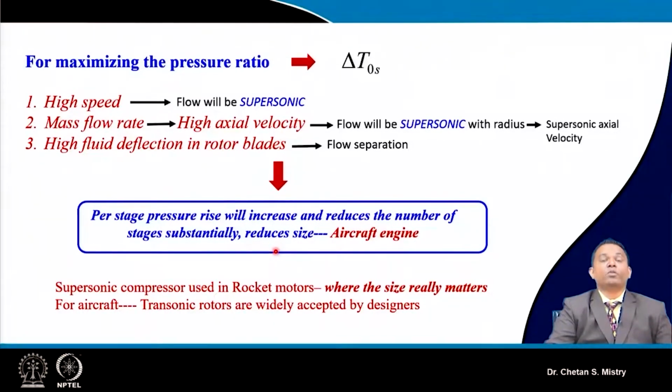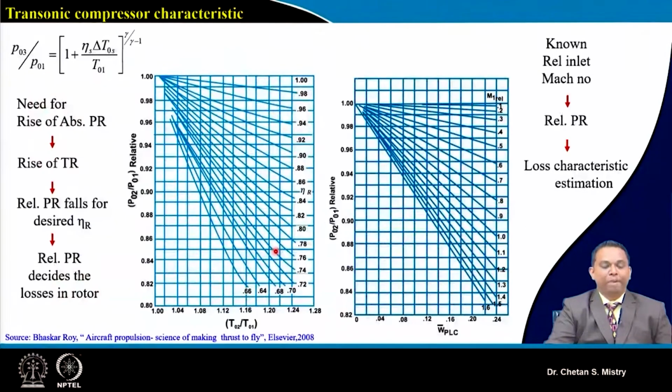But before going into the design concept, we need to understand the difference between subsonic and transonic compressors. Now let's see, this is a representation of what we are discussing. Say we are looking for a high pressure ratio per stage.